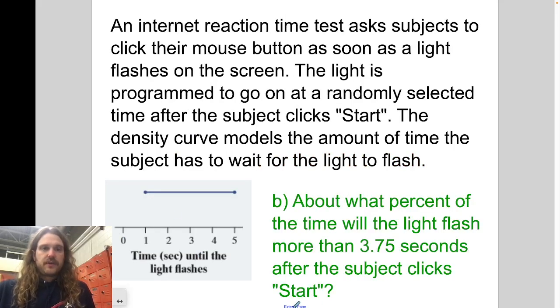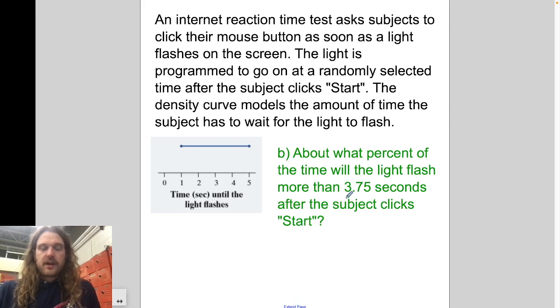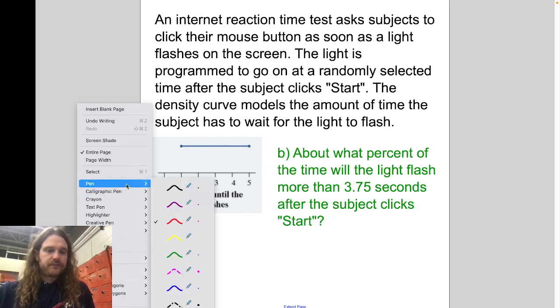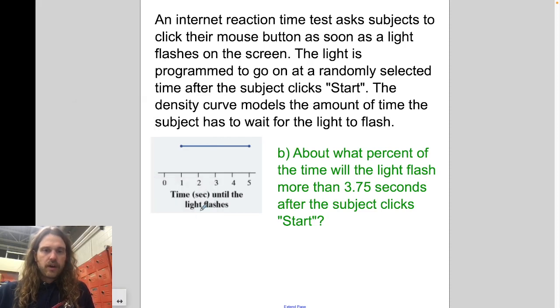All right, let's take a look at this one. Internet reaction time tests. Again, the same screen. About what percent of the time will the light flash more than 3.75 seconds? More than 3.75 seconds. So where does that fall on our graph?